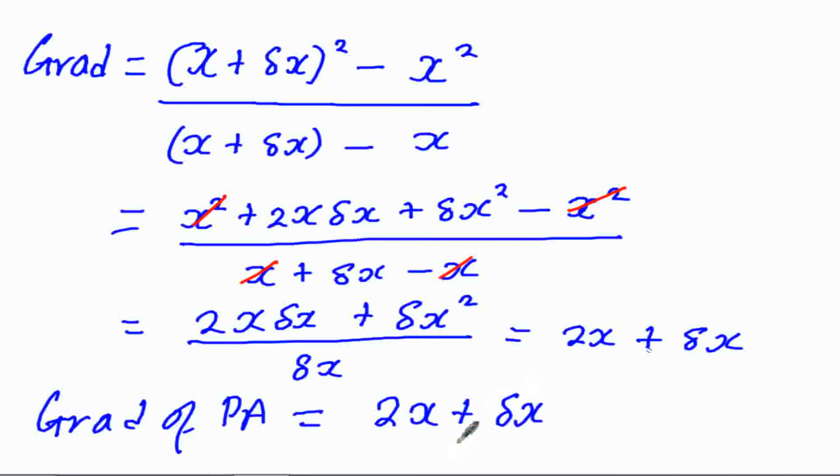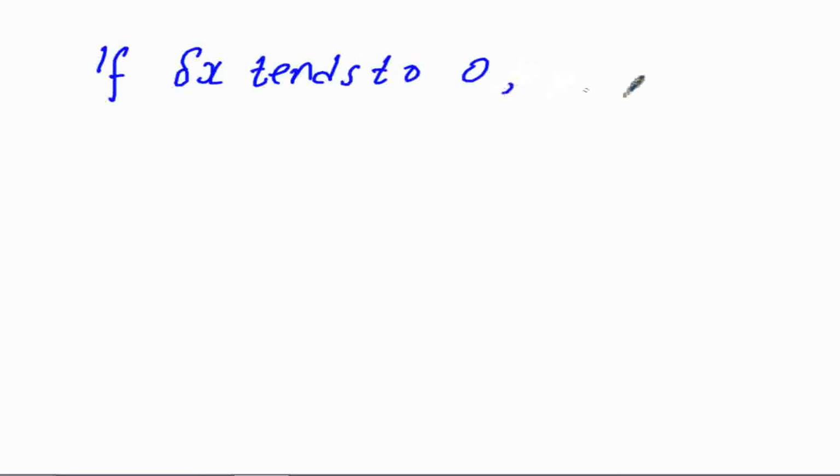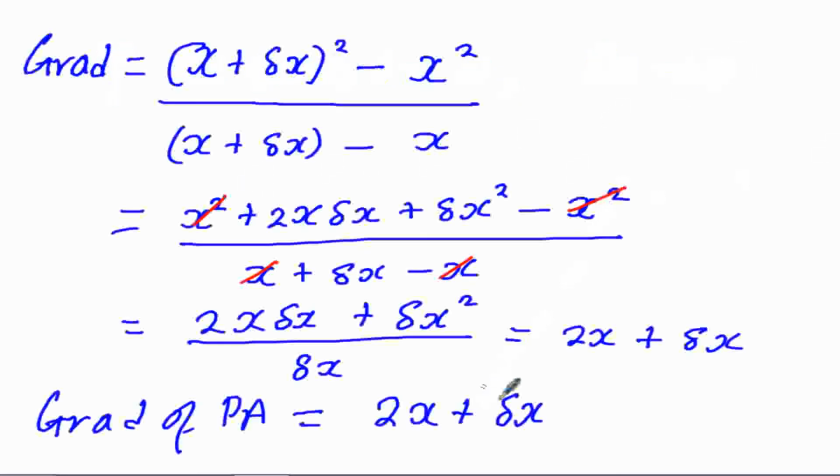But remember, we mentioned that A is very close to this. So if the small change in x tends to 0, you write it like small change in x tending to 0.